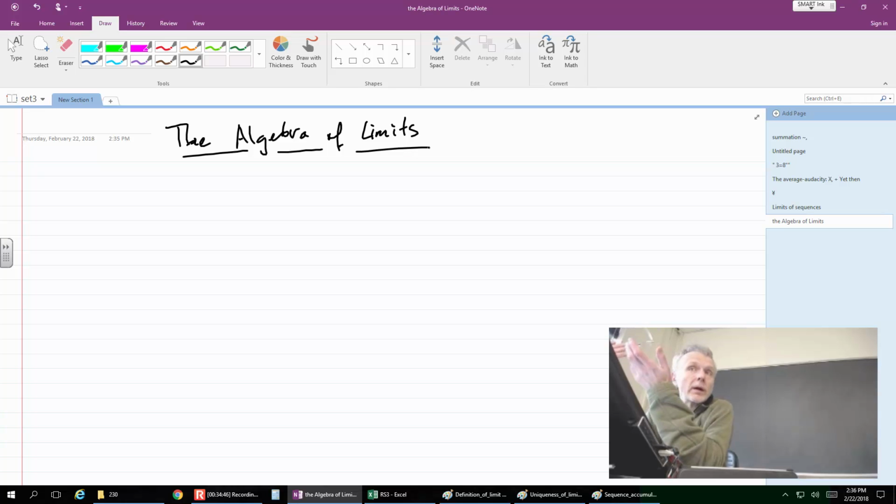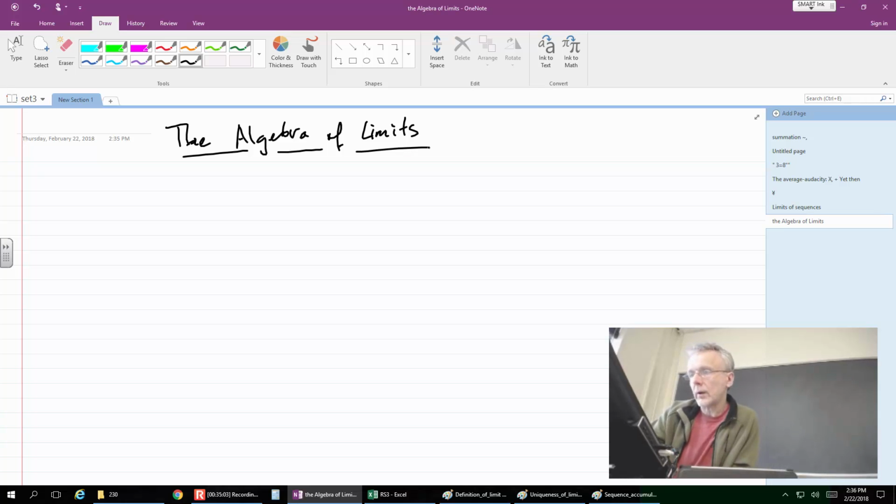Remember that the algebra of limits for functions goes on to the algebra of limits for derivatives, because the derivative is a limit. And then the same for integrals. So that's all pretty much the same thing.